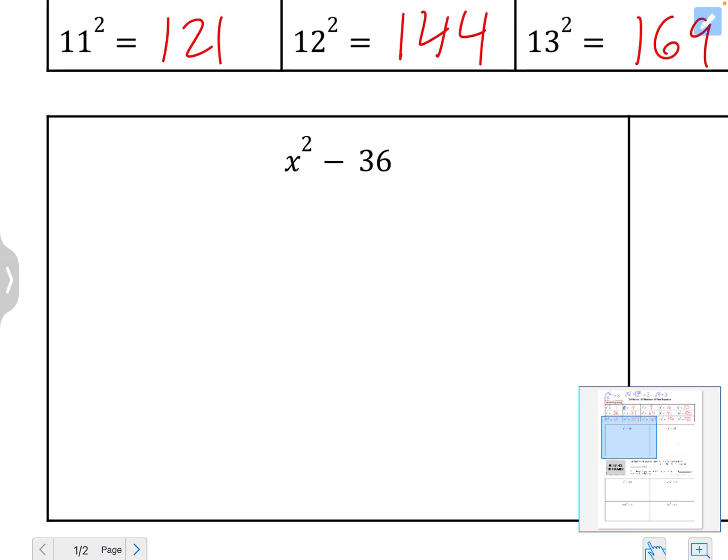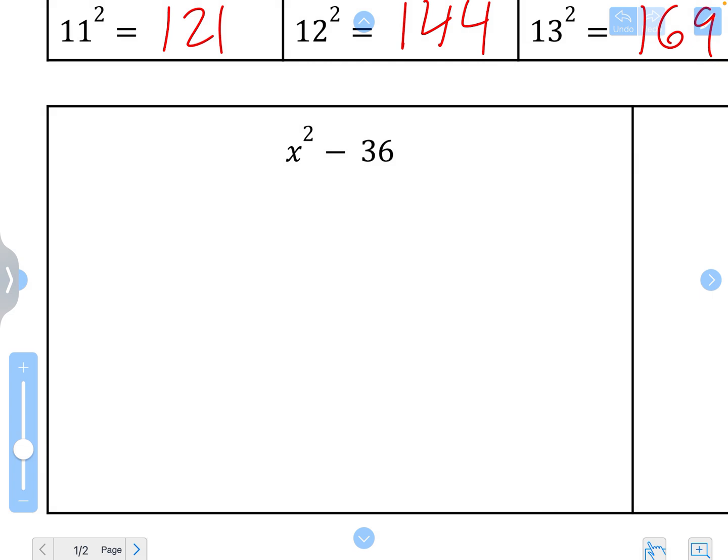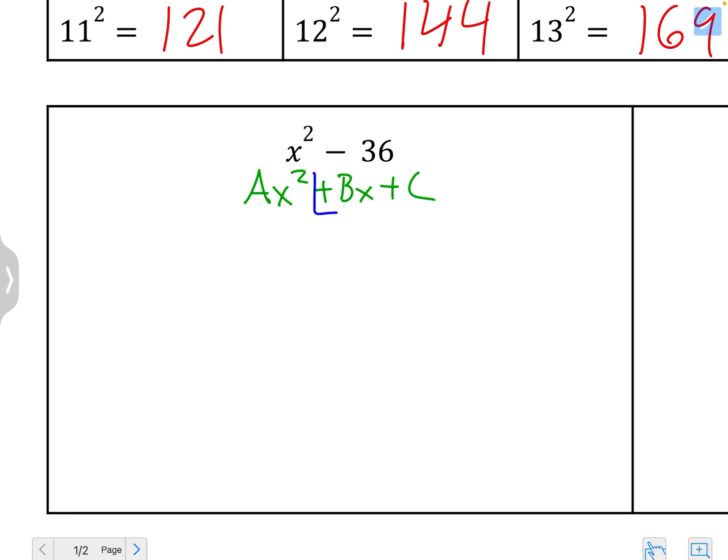All right, so let's talk about factoring these special cases if you forget the trick. So we've always been working with numbers and factoring numbers that look like this, that are trinomials with 3 different terms. But if we look at this one, it's not a trinomial. It's a binomial, and it's missing the bx term.